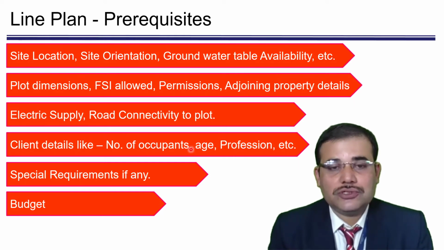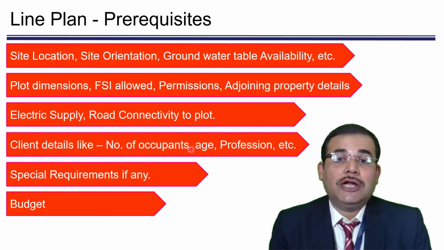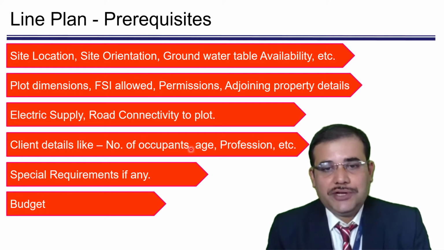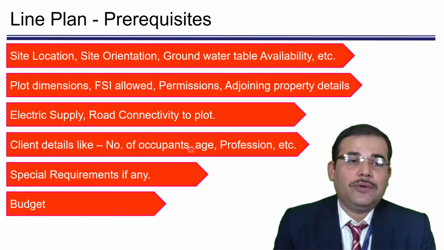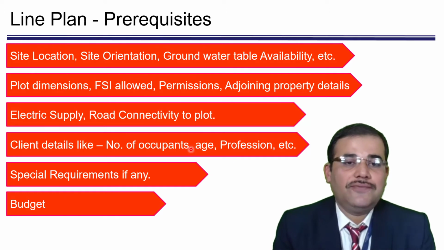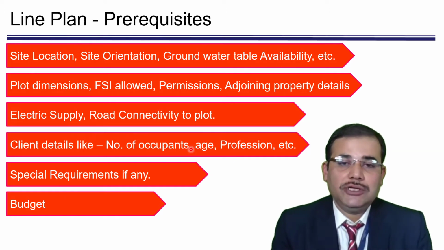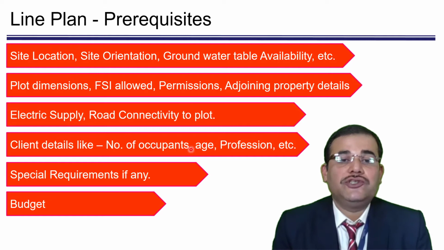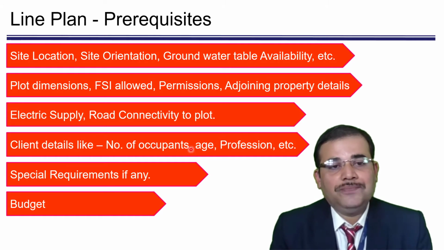You have to check before starting your drawing. Adjoining property details are also very important, because the plot your client has identified may have its own property or may be a shared one. That also you should know.